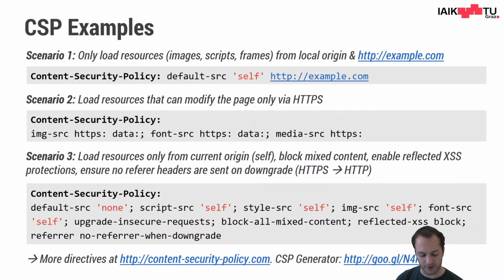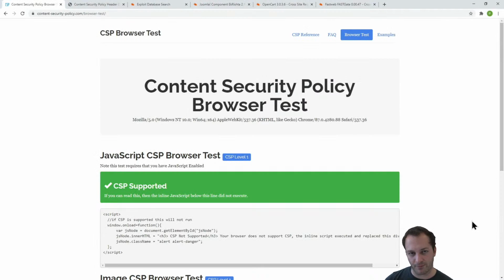You can also say, for example, by default nothing, you blacklist everything, and then you whitelist specific things by saying scripts can be included from the same origin, style sheets also, and in case there is an HTTP request, I'd like to upgrade it to an HTTPS request. I'd like to block reflected cross-site scripting, and so on. So very specific rules here.